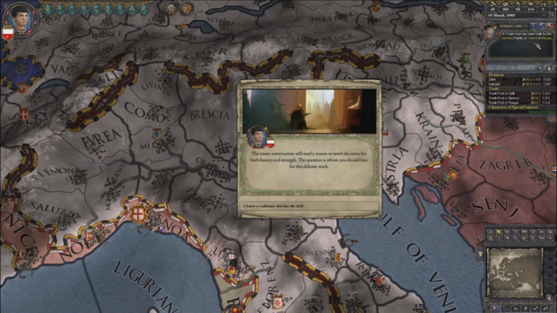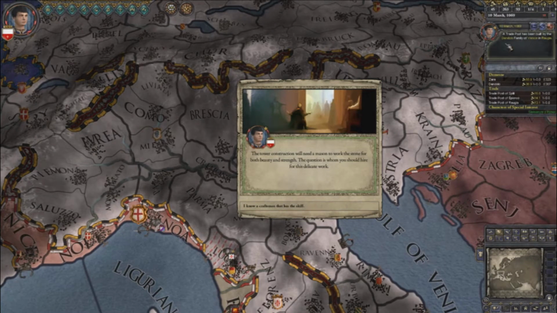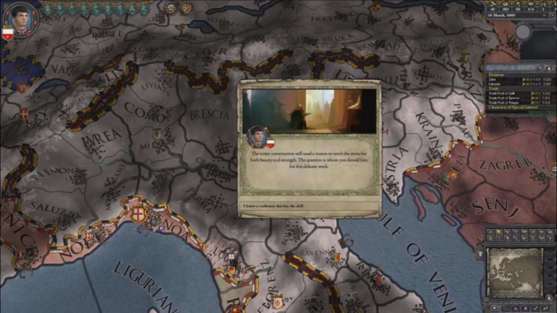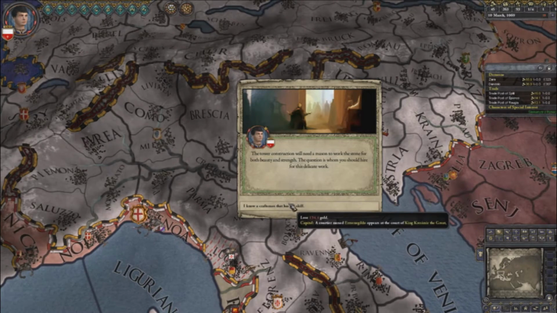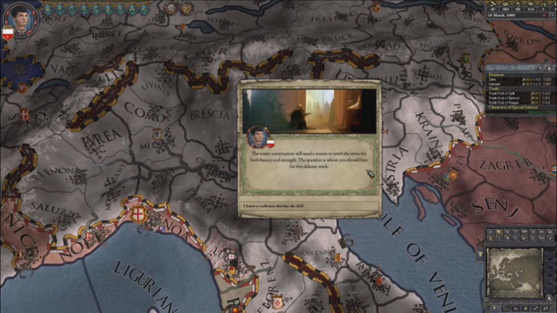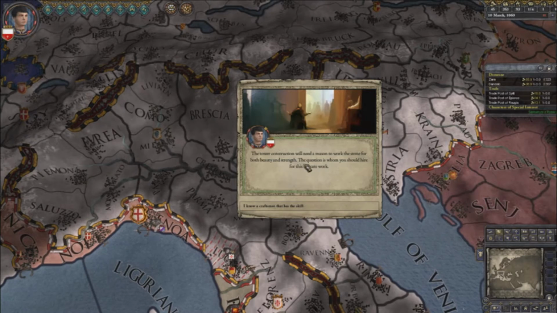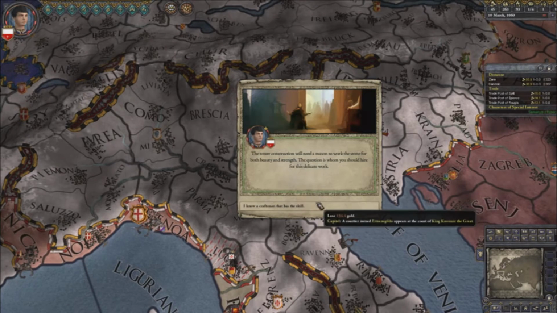A trade post has been built by us in Ragusa. That's going to lose us a lot of money. Our construction will need a mason to work the stone for both beauty and strength. Who should we hire?